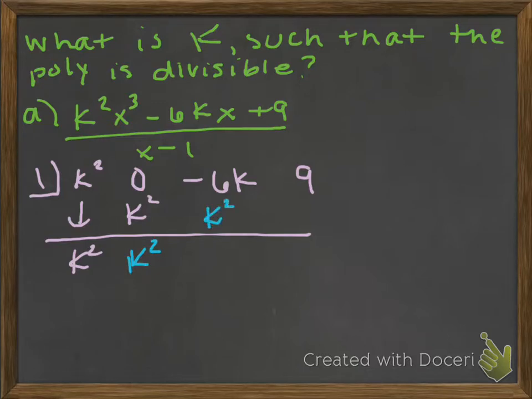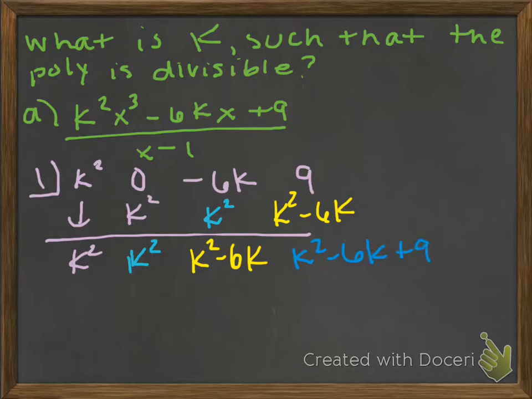If I add these, we'll have k squared minus 6k. Multiply 1 times that, it'll keep it the same. And then we add those two straight down. So we have k squared minus 6k plus 9.